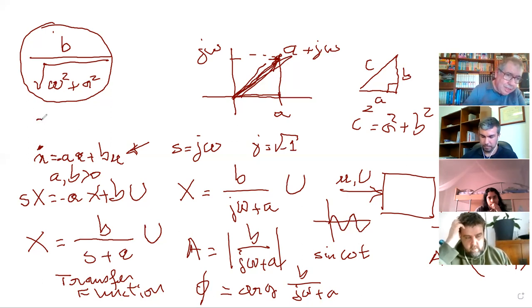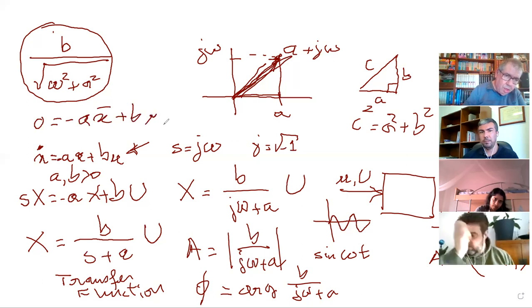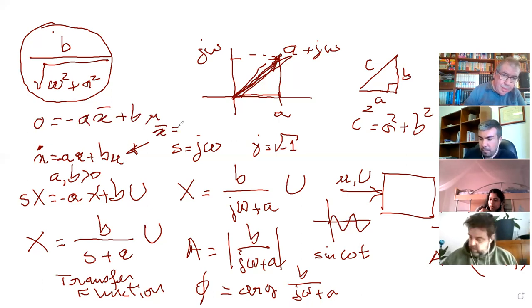So we have 0 equals minus a x, the equilibrium, plus bu. So x bar is B divided by A times U. And what is the static gain?